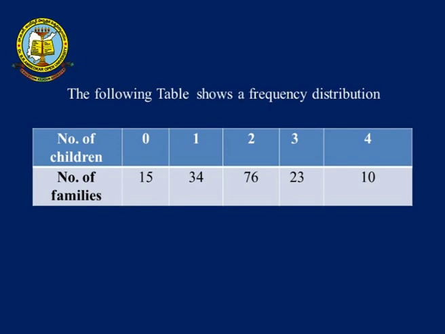In this type of classification, the repeated numbers, no children means 0 children, that is the number of families. How many families is repeated? 15. This 15 is known as a frequency. How is the frequency distribution going on here? 15, 34, 76, 23. So, this is the example for the frequency distribution.